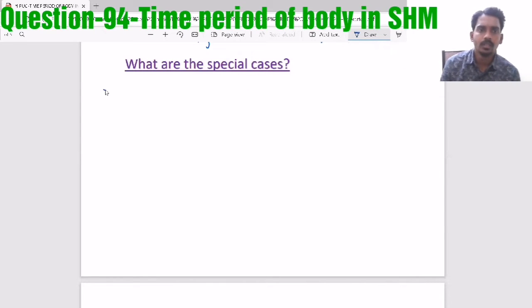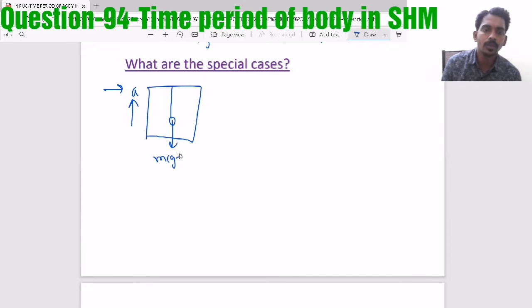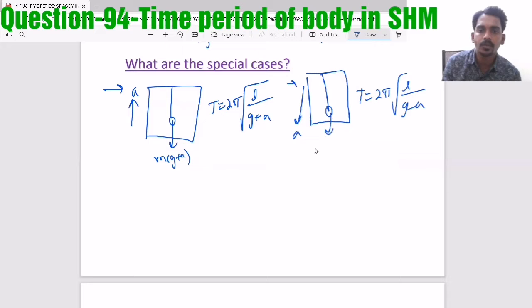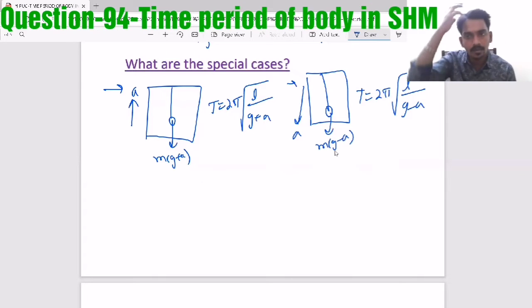Now, when you consider a simple pendulum attached to a lift and the lift is going upward with an acceleration a, then here m into (g plus a) becomes the effective force, so the time period will become 2 pi root of L by (g plus a). And when the simple pendulum is attached to a lift going down with an acceleration a, then the time period will become 2 pi root L by (g minus a), because the net force will become mg minus ma, where ma is the pseudo force.